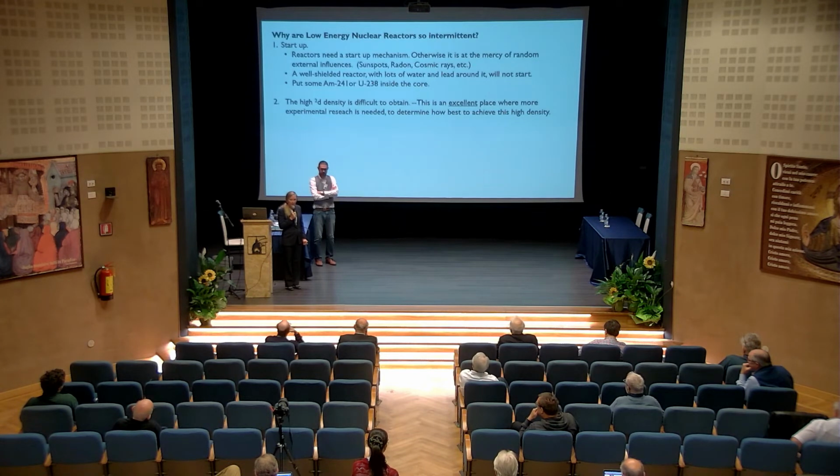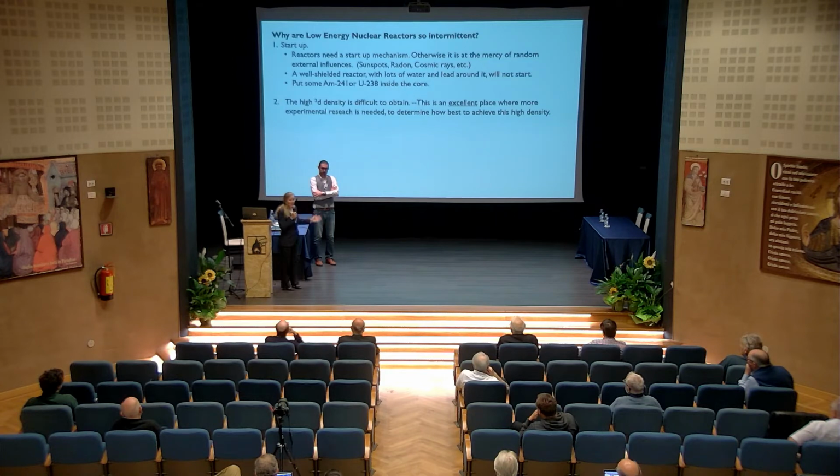Now, Storms in his book claims that 10 times the lattice density is what is achieved in NAEs. But I think this is one of the reasons why LENR is so difficult. As you can see, another reason I put up there, the first one, is that the very first initial reaction inside the core is dependent on external mechanisms.